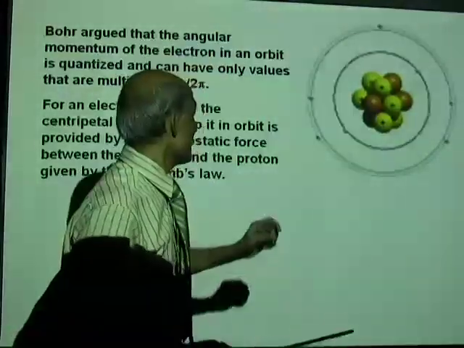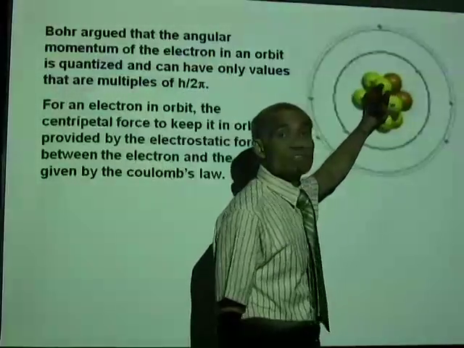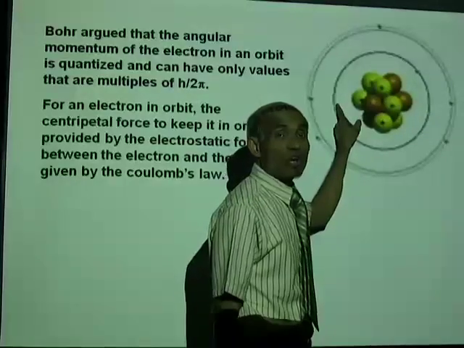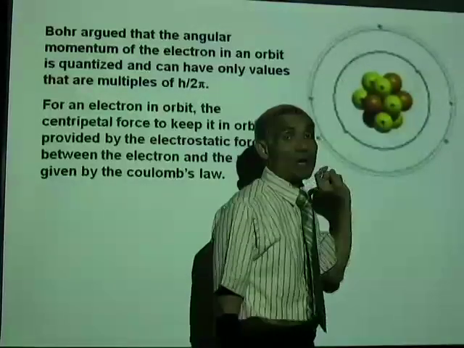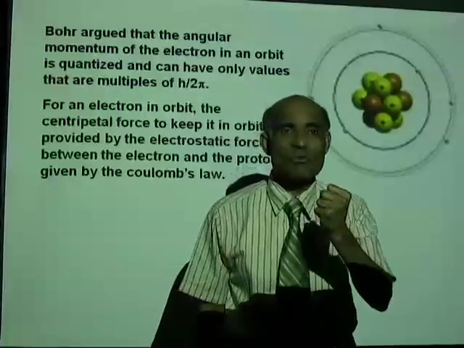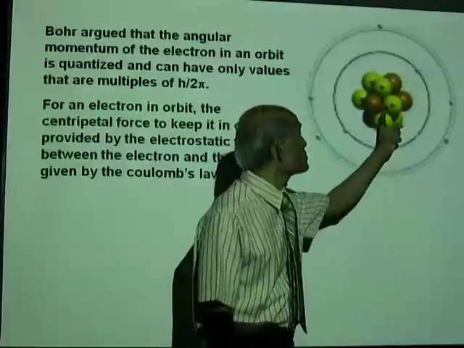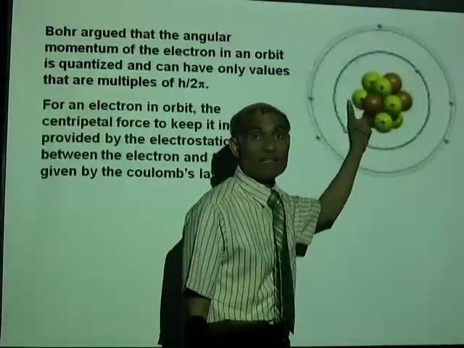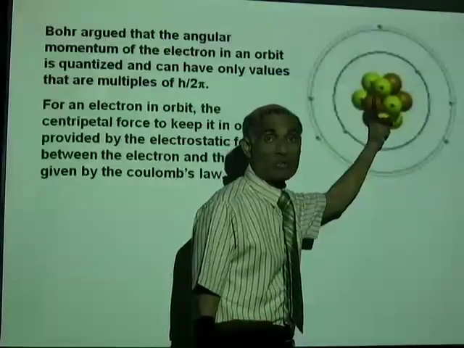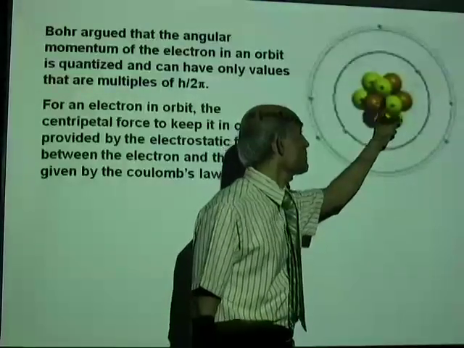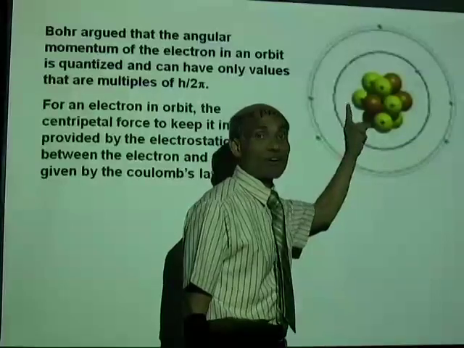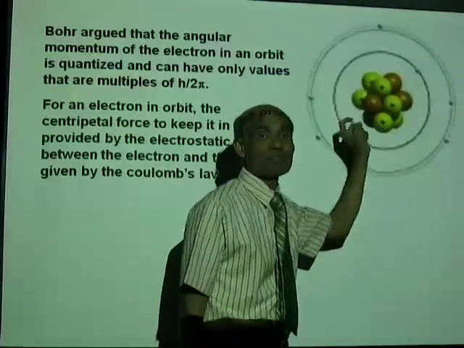So, when you have one proton in the nucleus and one electron in an orbit around it, what is the electrostatic force between them? Each has a charge e, is that right? So that will be q1 q2 divided by r squared, where r is the radius of the orbit.